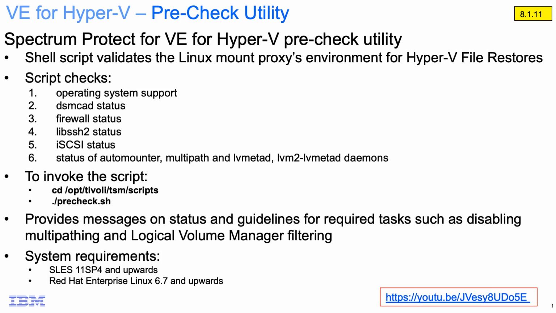Invoking the script is pretty easy. Basically, you're just going to go to the scripts directory and run the precheck.sh. And it's going to give you messages and status on the guidelines for any of the required tasks that are necessary to ensure that the configuration is running.